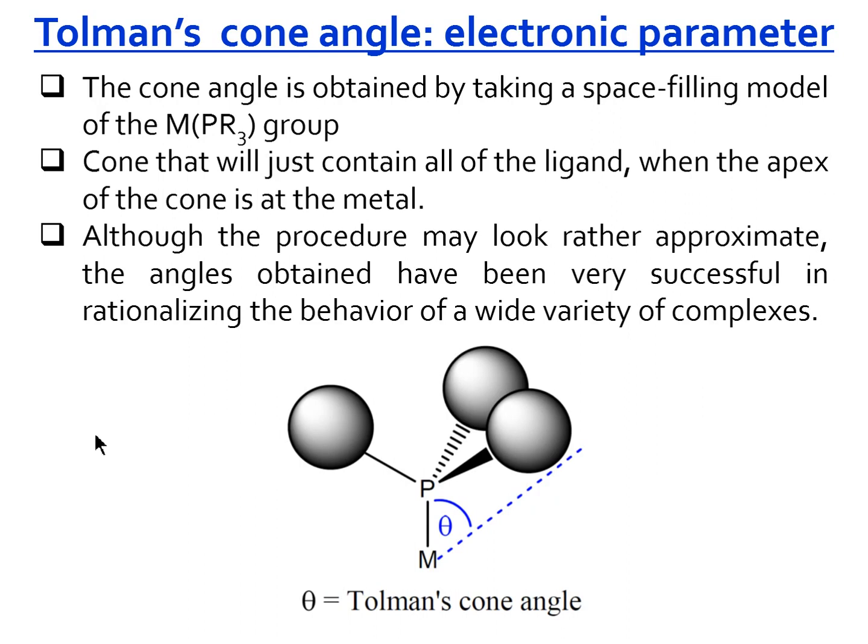The problem will occur when the R groups around P are good donors and the phosphine is bulky. If the R groups are good donors, they will increase the electron density around P, so P is more donor to M, and in this case, the M-P bond is more stable. But the phosphine is bulky, so the angle theta is great.